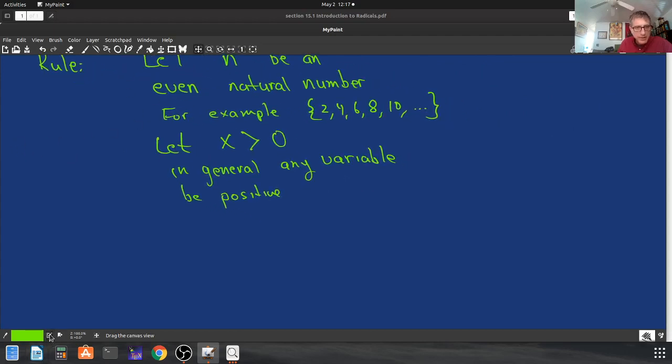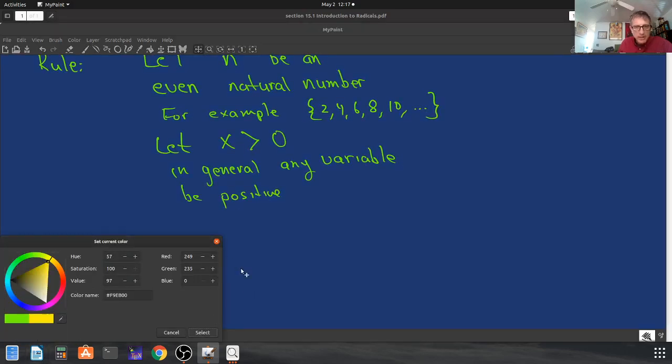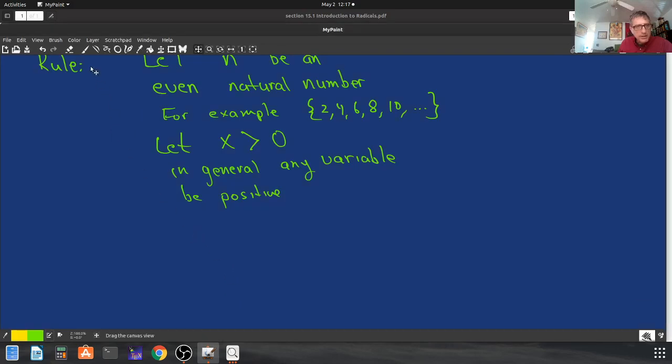And then here is the conclusion. Then the square root of x to the n is equal to x to the n divided by 2.